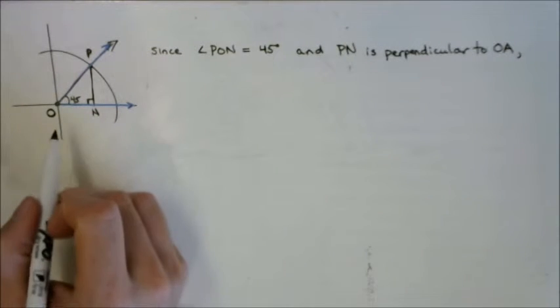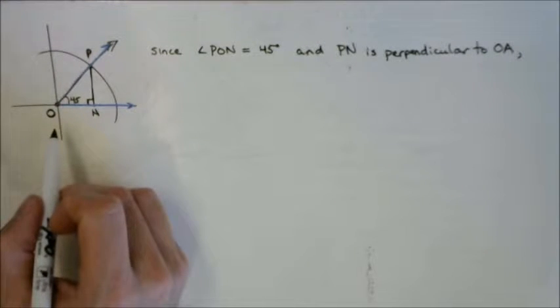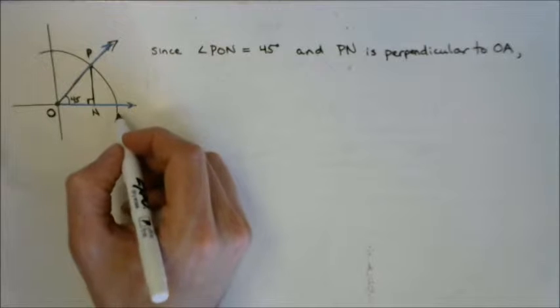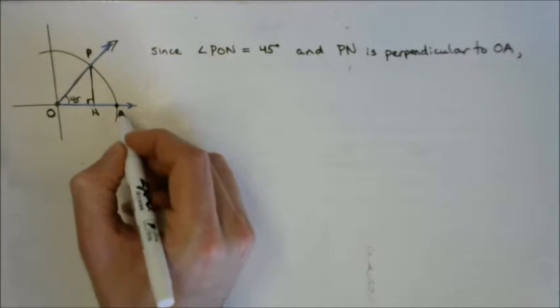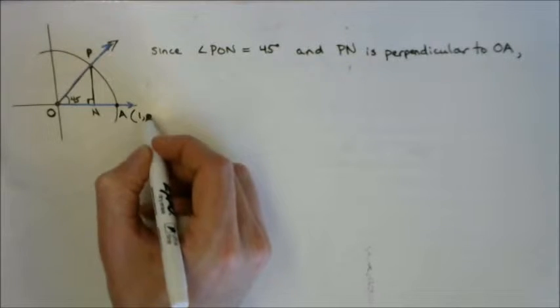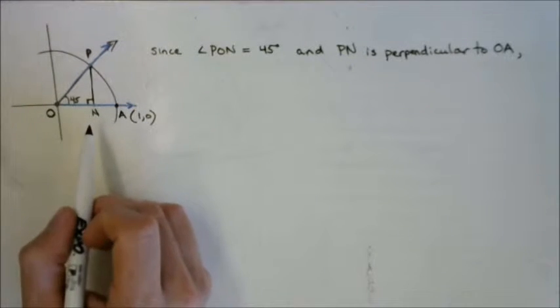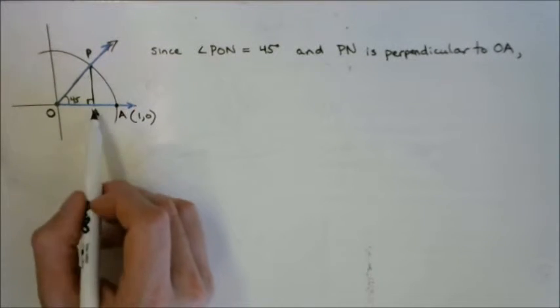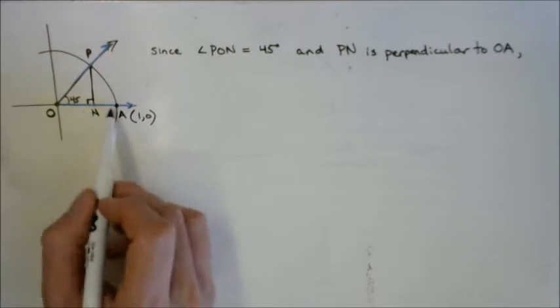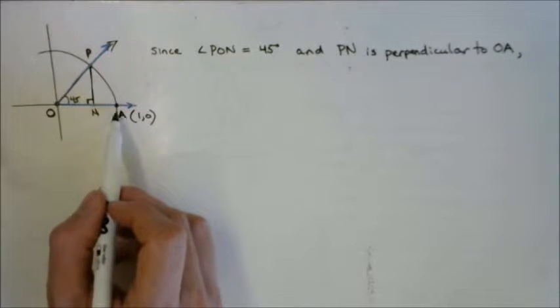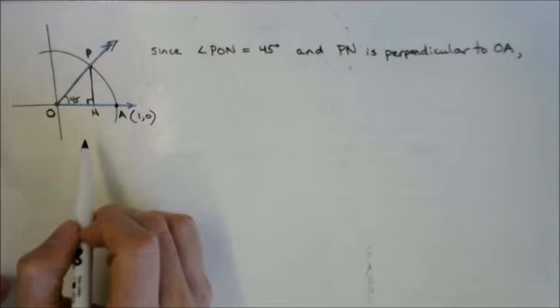A is going to be over here. So A is the point (1, 0). So we've got PN perpendicular to OA. Yeah? That's what allowed us to form a right angle triangle here.